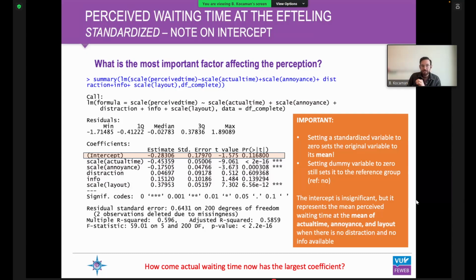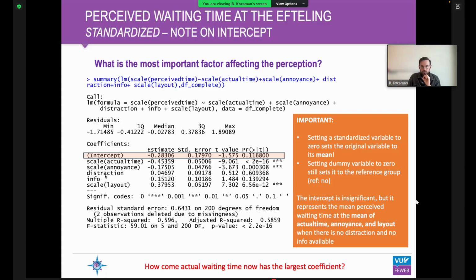When you set the scaled variables to 0, you set them to their means. So the intercept here represents when all of these are 0, so that's always true. But here, when you set the standardized actual time to 0, you actually set actual time to its mean. Then what does it mean?